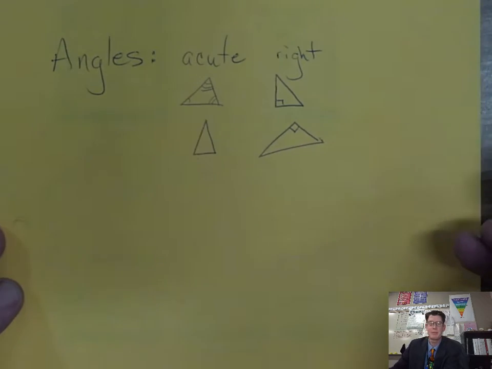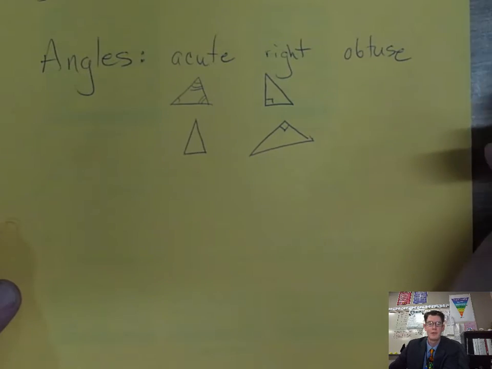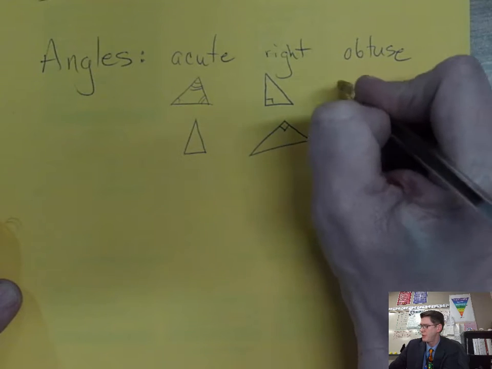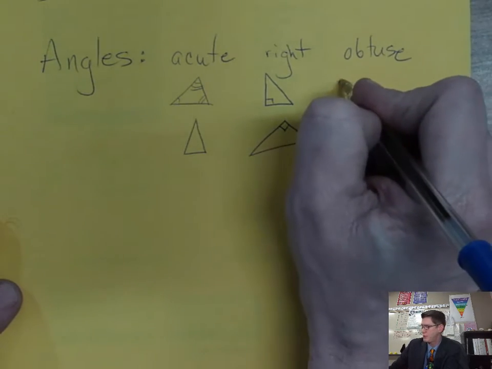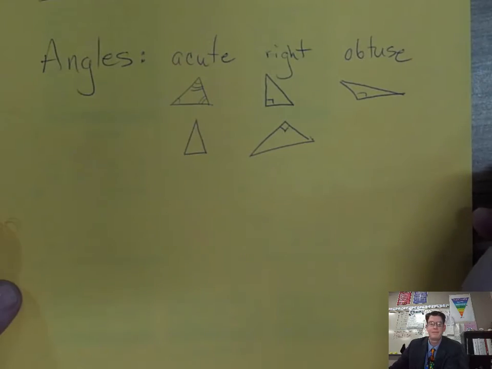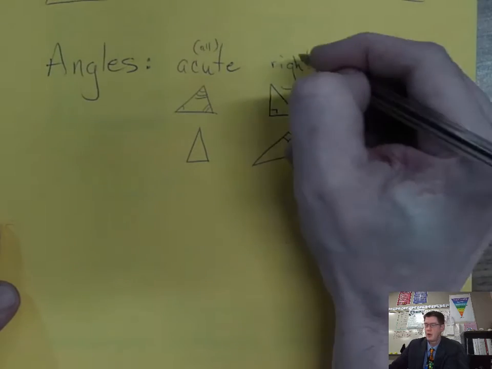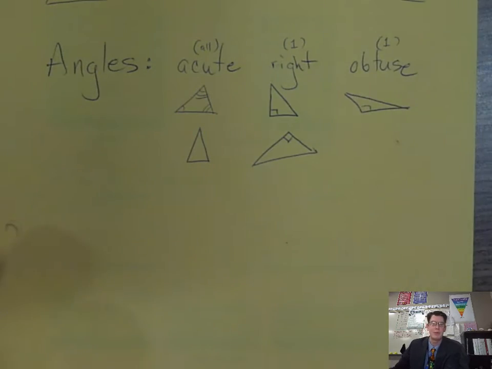Or it could be an obtuse triangle where one of the angles is bigger than 90. One of the angles is an obtuse angle. So either they're all acute, or one of the angles is right, or one of the angles is obtuse. So we talk about it that way.